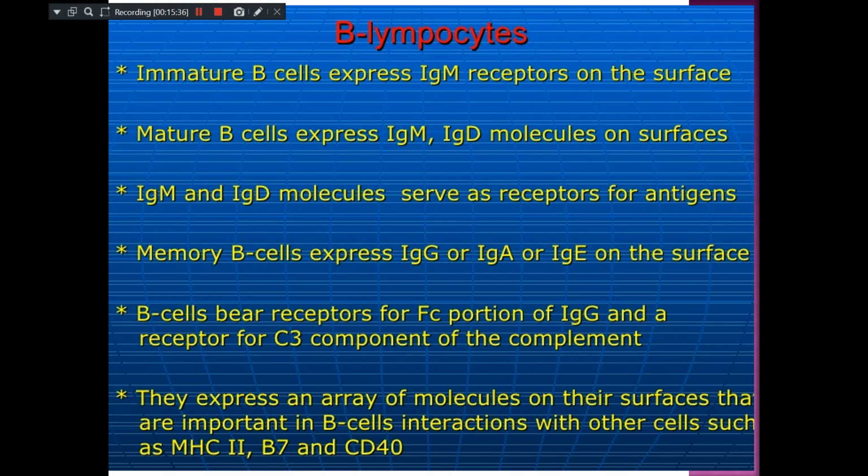When the foreign antigen comes, it binds with the epitope of the immunoglobulin of the B cell, that is immunoglobulin M or immunoglobulin D. Then there is the other kind of cells which I have already told you, the memory B cells. On the surface of the memory B cells, you can see immunoglobulin G or A or E, and they will recognize the subsequent antigens if they happen to reinfect the same individual.